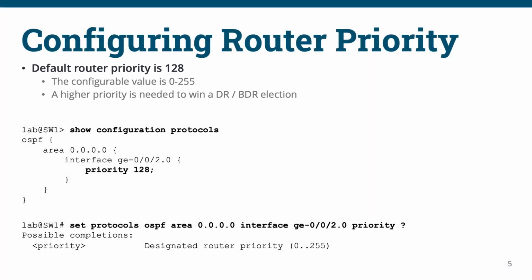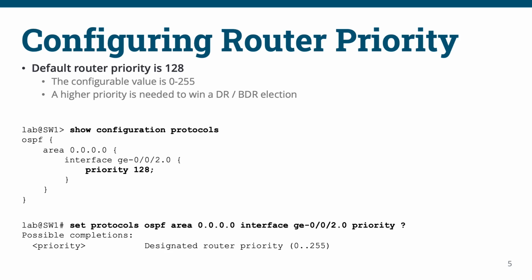In OSPF, a higher priority value is more preferred and will win the election. It's common for the preferred DR to have the priority value of 255 configured, and the preferred BDR to have the priority value of 254 configured.